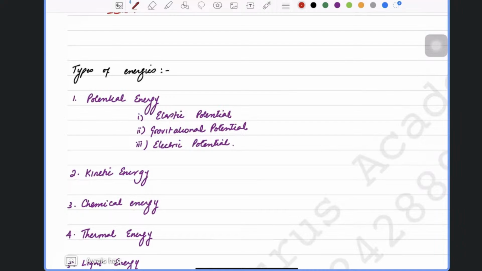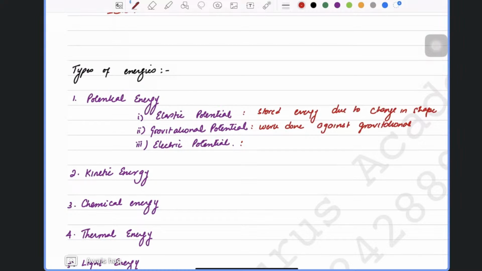Then gravitational potential energy is work done against gravitational force. Do not write against gravity, because gravity is not a force, it's just a term that we use. Anyway, electric potential is work done in moving electric charge.